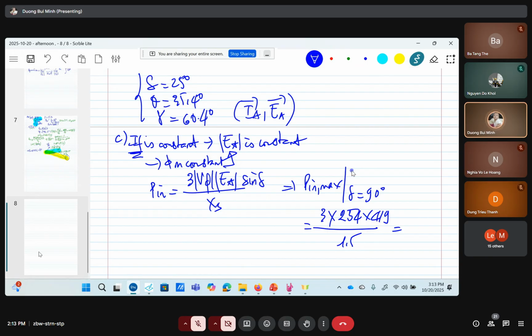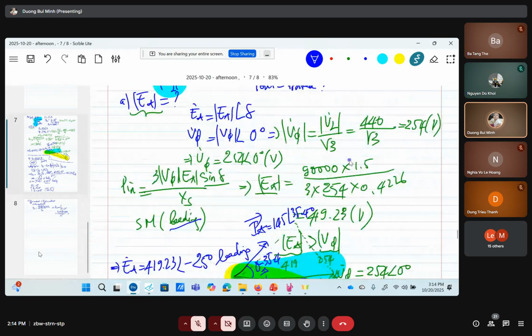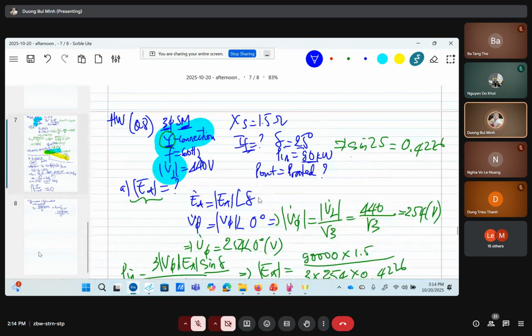So you get 3 times 254 times 419, divided by XS which is 1.5. You get 212,852, that means nearly 213 kilowatt. Okay, so that is correct.